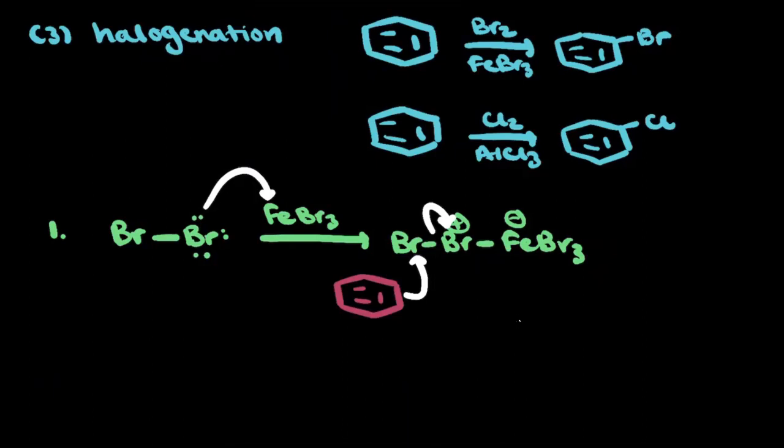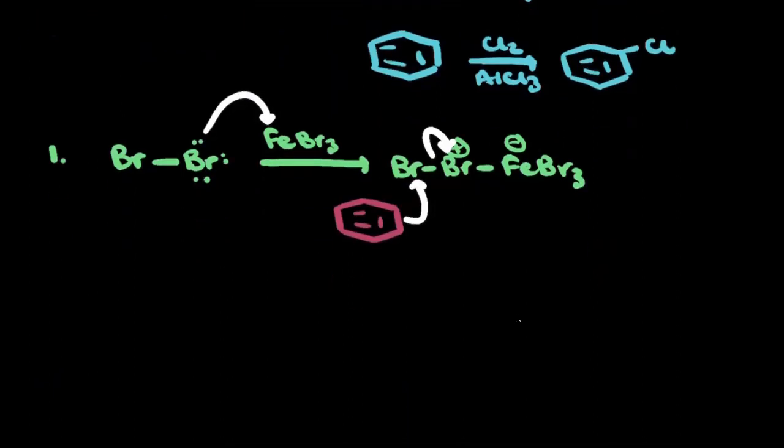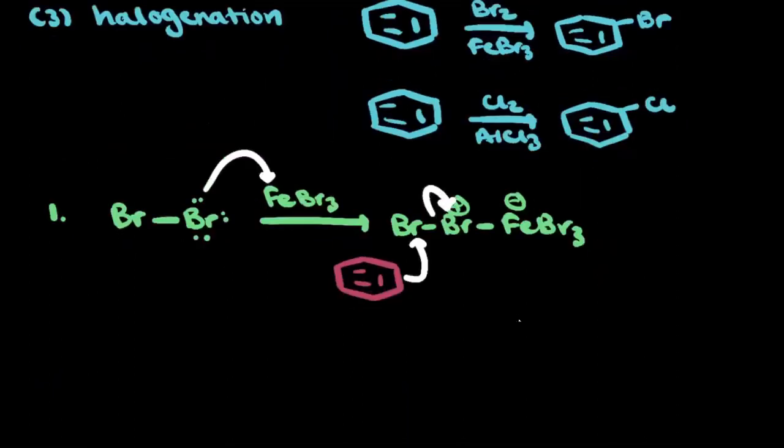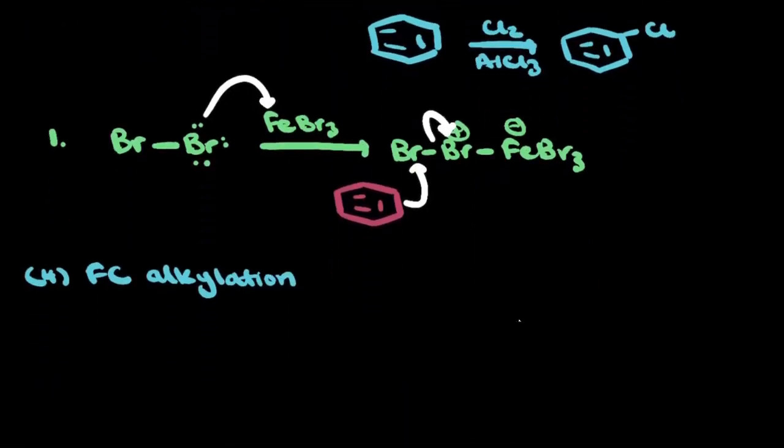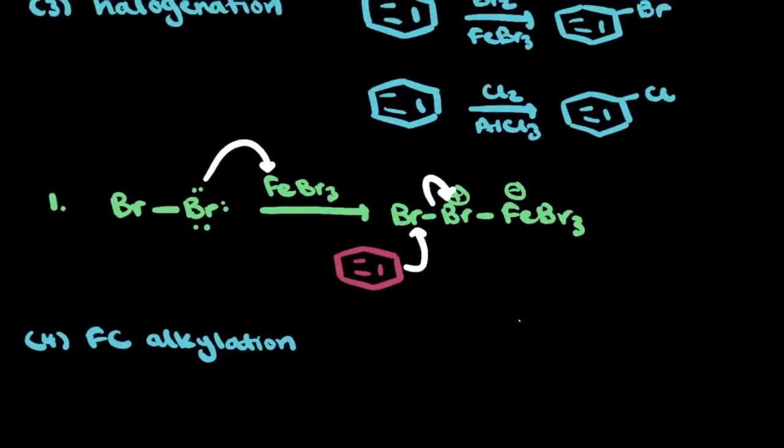The other two, Friedel-Crafts alkylation and acylation, are going to be relatively similar in that first step. However, we're going to be seeing a couple of different weird things going on with both of them. For Friedel-Crafts alkylation, you can essentially alkylate whatever R group you want on there.